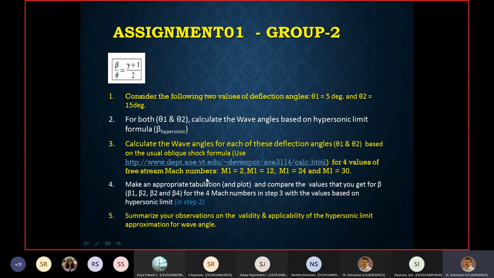That is 4 different Mach numbers which range over 2 to 30. Now, the importance of this range is that we are starting from low speed and then going to a high hypersonic. So for all these, you calculate the wave angles, that is beta, for the given two thetas based on the full oblique shock relations without the hypersonic approximation.